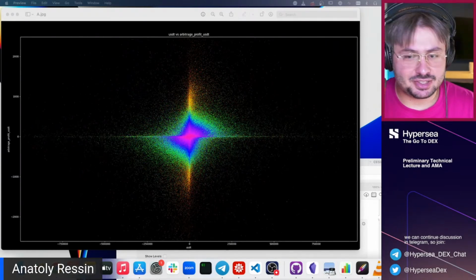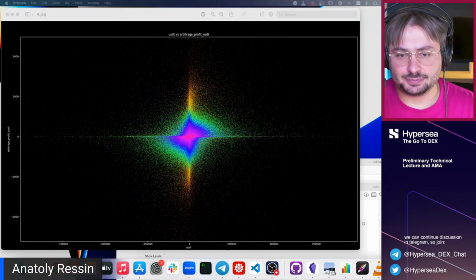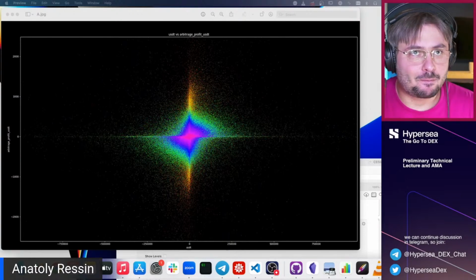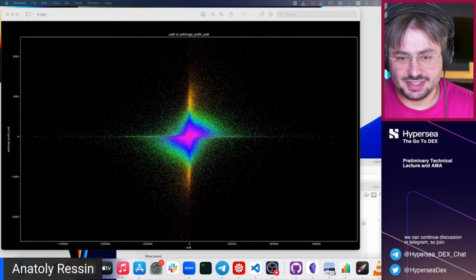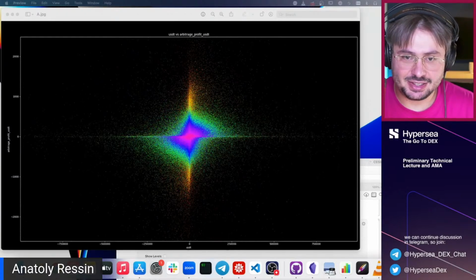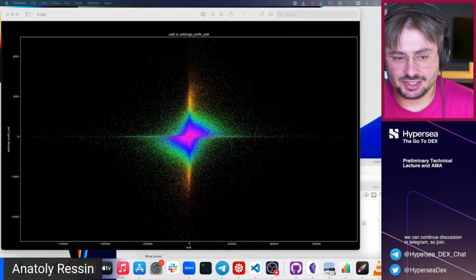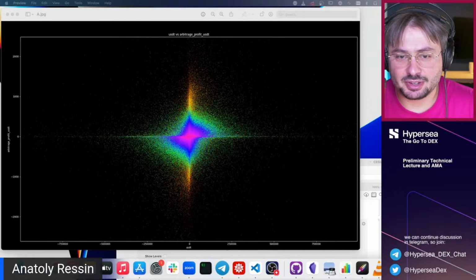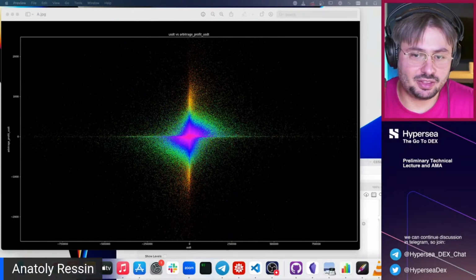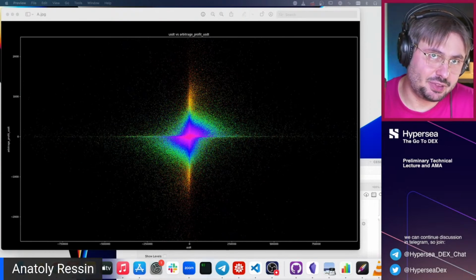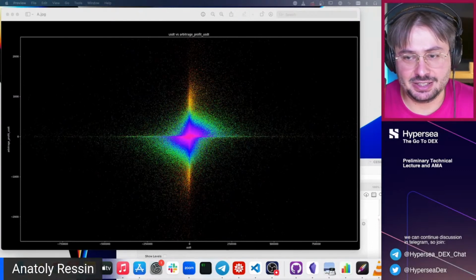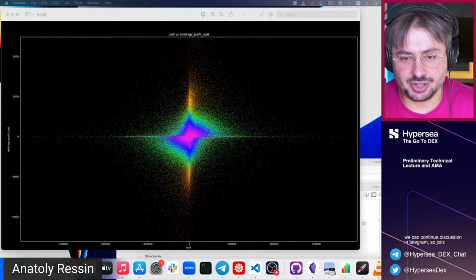On the horizontal axis is the amount of USDT in a trade, and the vertical axis is the existing arbitrage opportunity at the moment when the trade was executed, and each point here is one individual trade.